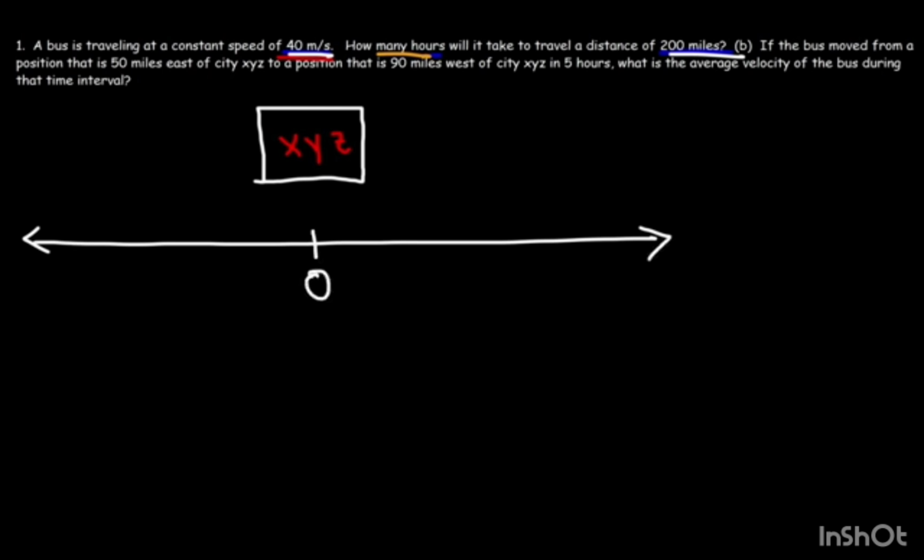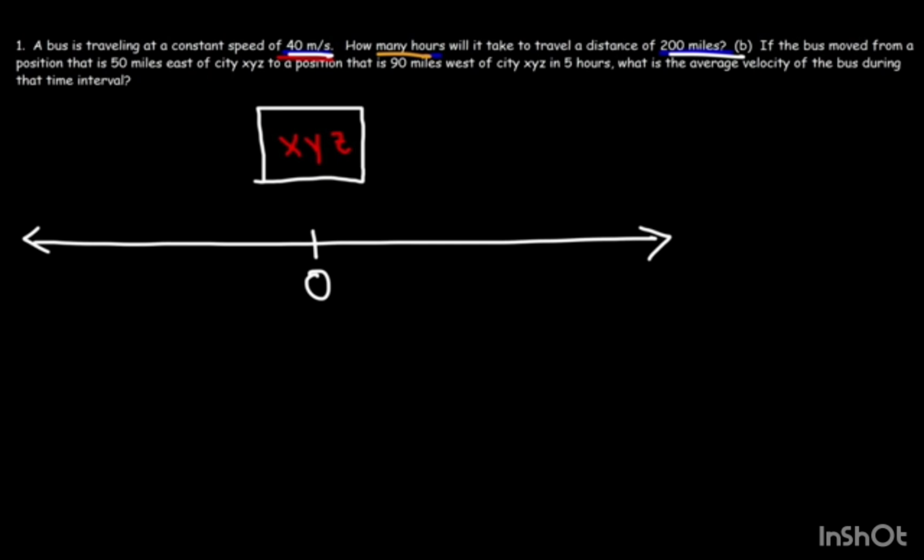So the bus was initially, let's say, at position A, which is 50 miles east of city XYZ. Actually, that's west. I take that back. Let's say city XYZ is at the origin, position 0.